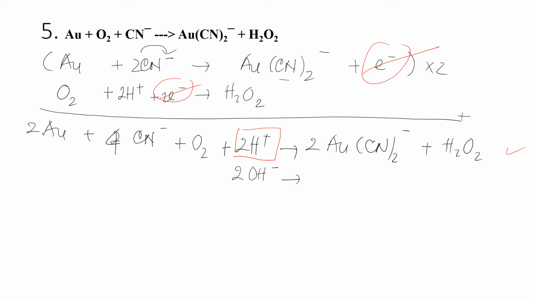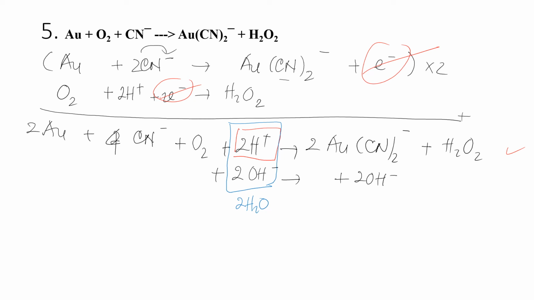So 2 OH minus, here you have plus 2 OH minus. Then after that, the 2H plus and the 2 OH minus become 2H2O.